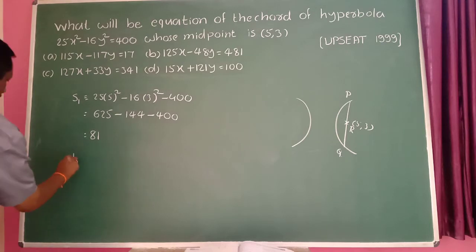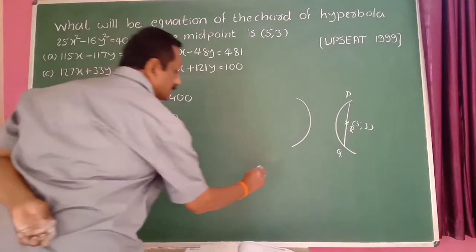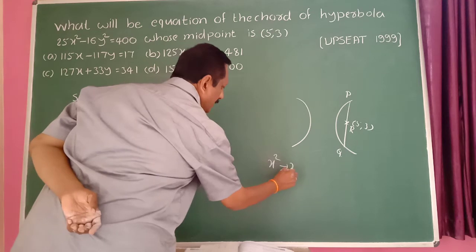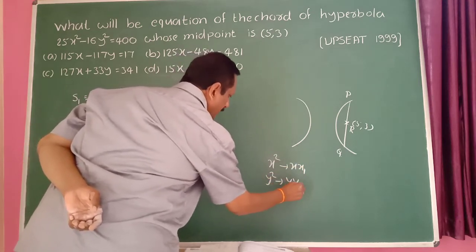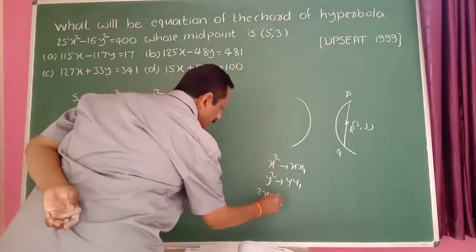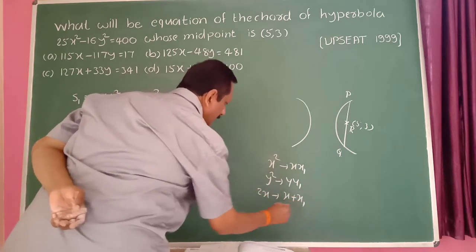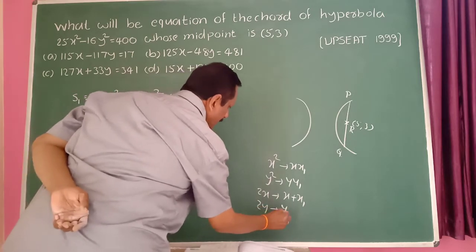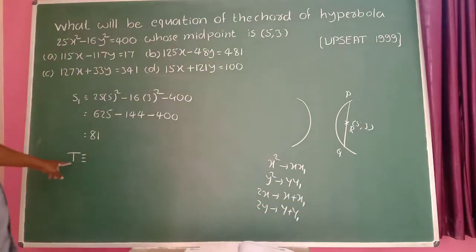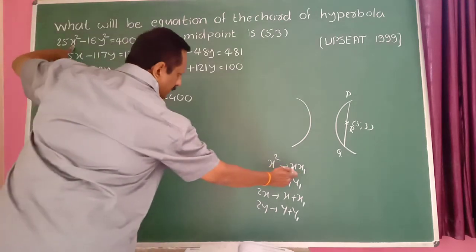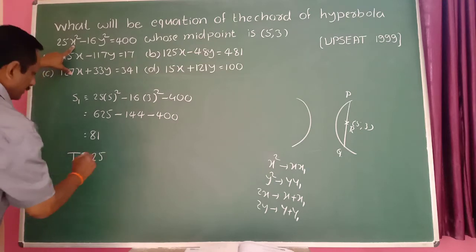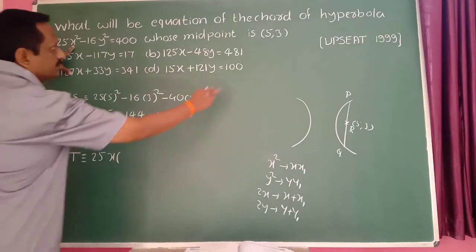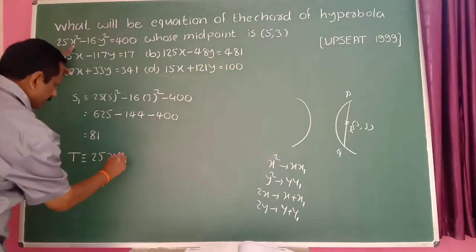And T: replace x squared by x x1, y squared by y y1, 2x by x plus x1 and 2y by y plus y1. It gives T. So 25 into x into x1, which is 5.